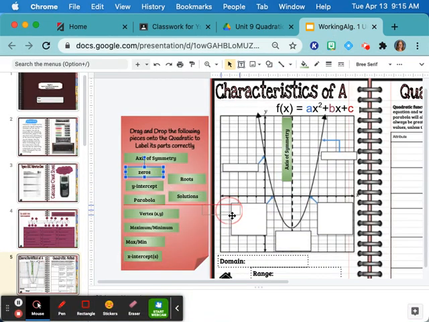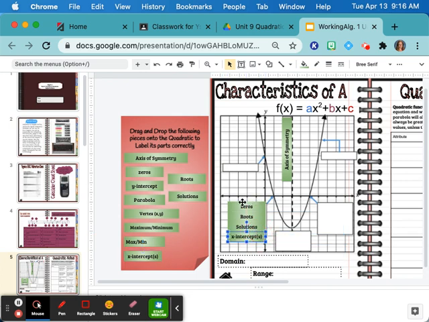So zero will go here. See that point right there on that parabola? It touches the x-axis right there. So that's a root or a zero. So I'm going to pull these over. It's also called a solution. It's also called an x-intercept.